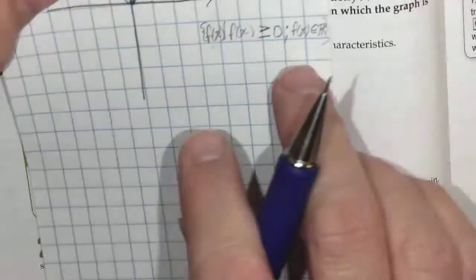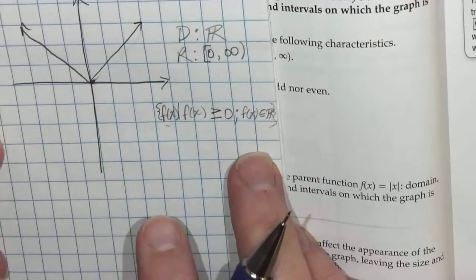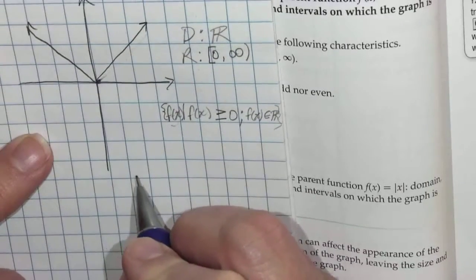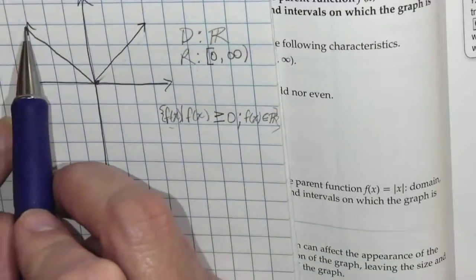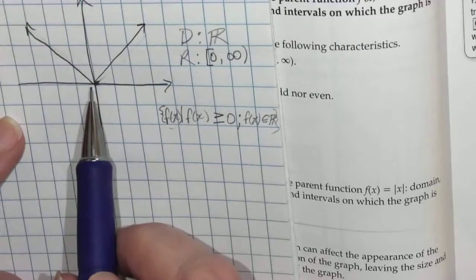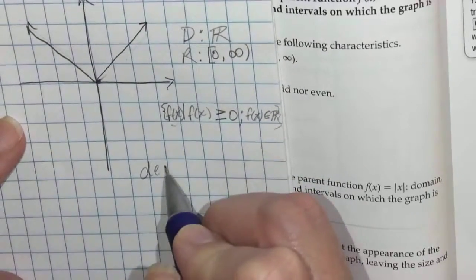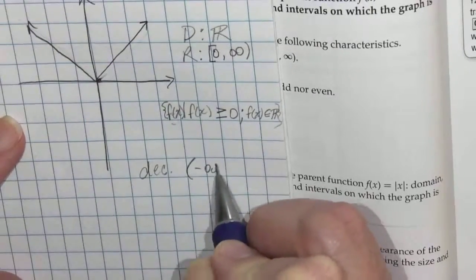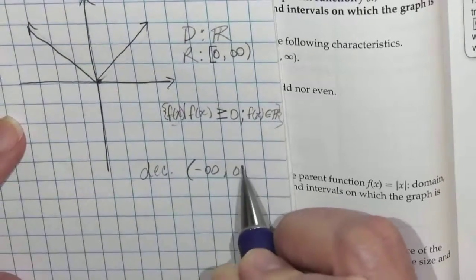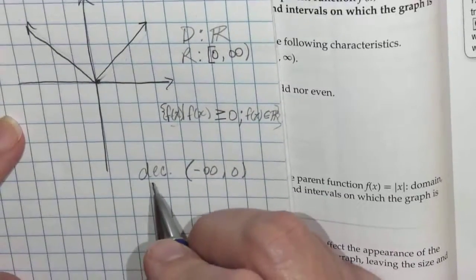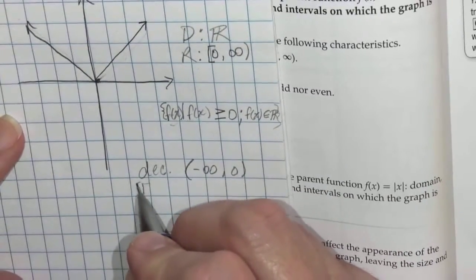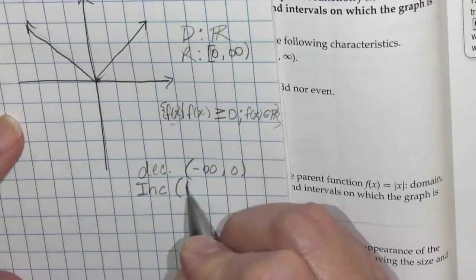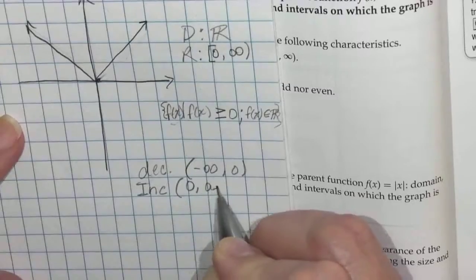So, coming in from the left, what is this graph doing from negative infinity to 0? Decreasing. So it's decreasing on the interval negative infinity to 0, and increasing on the interval from 0 to infinity.